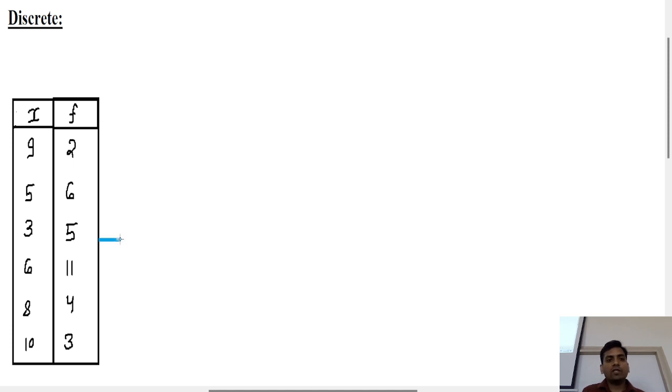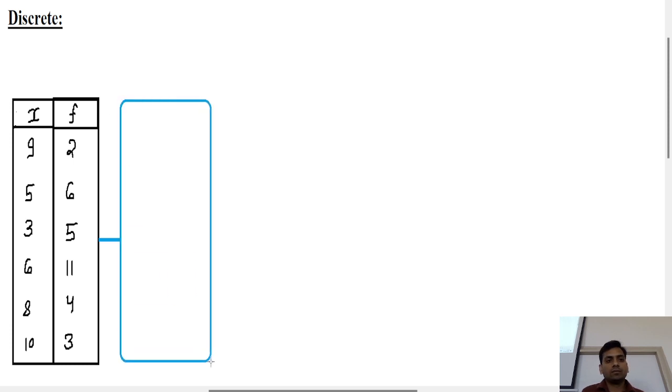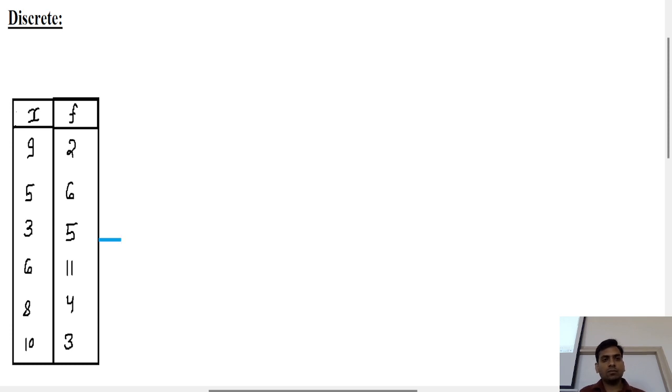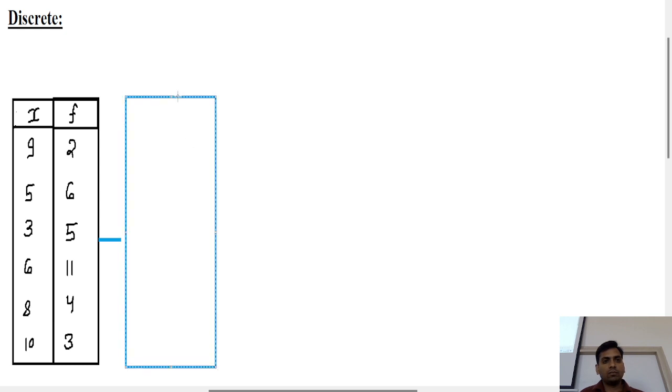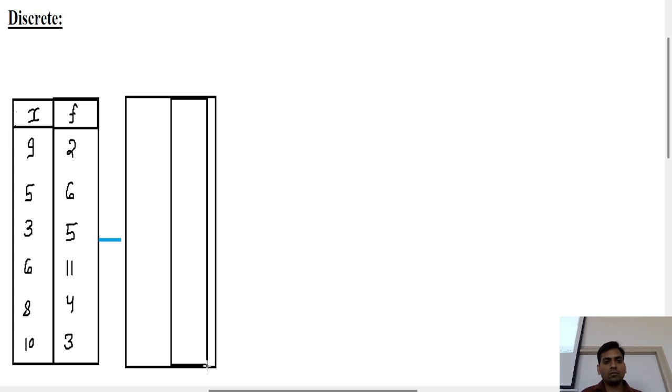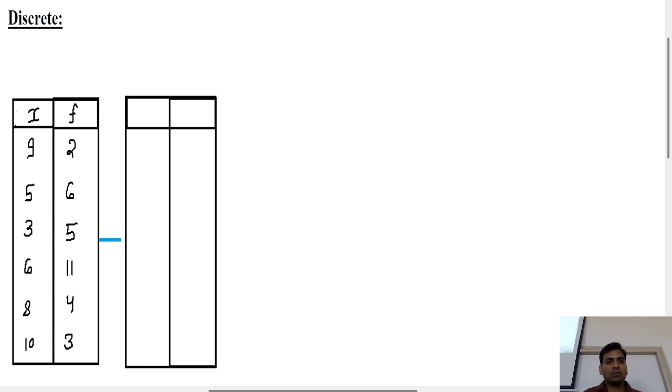So arrangement of this data. So this is X, this is F. So the first task is arrangement of data.